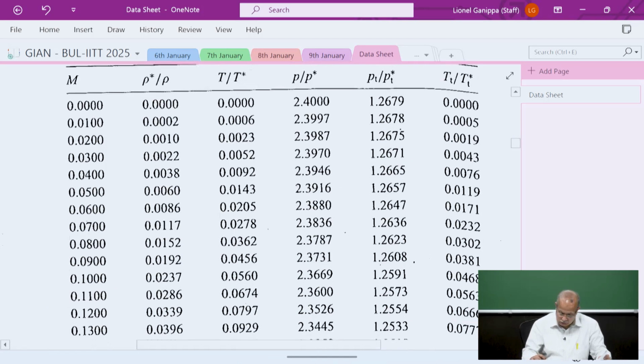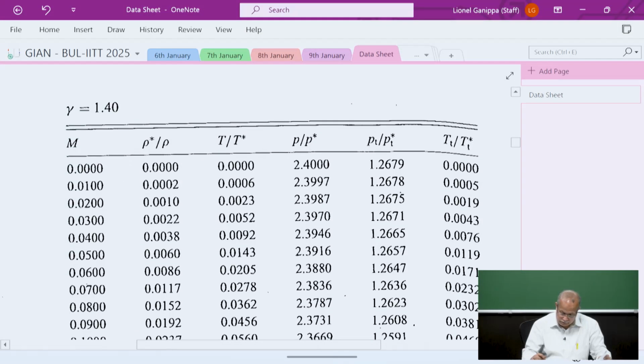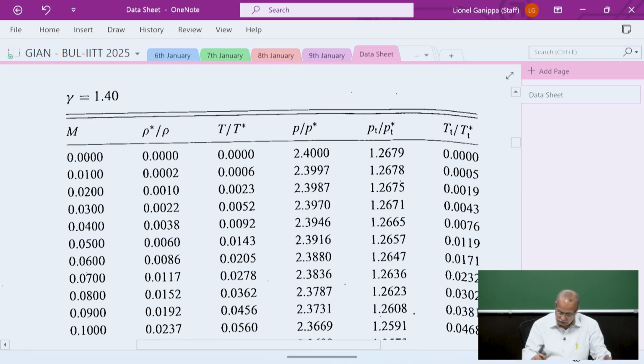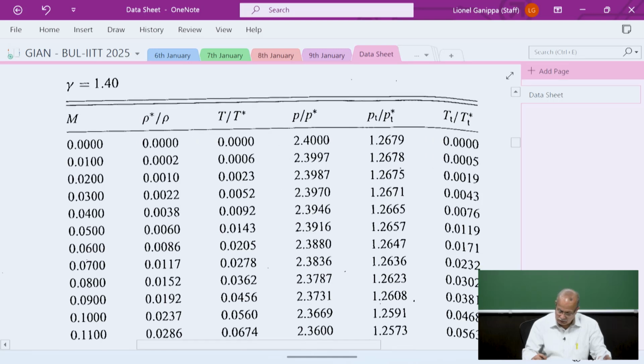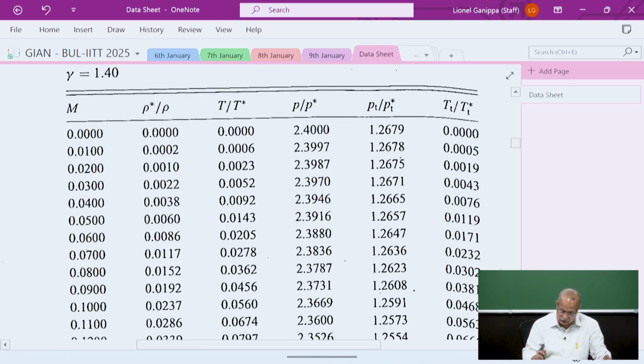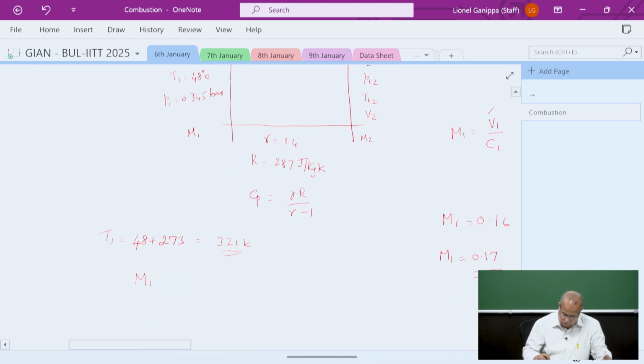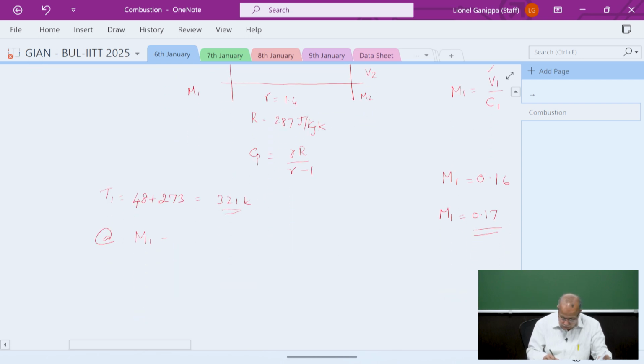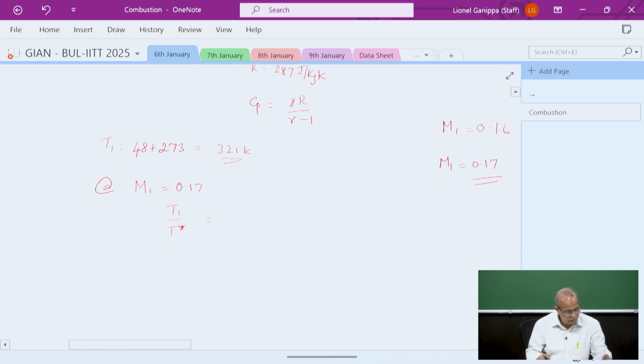Which means that you have got the values for T by T star, P by P star, PT by PT star, TT by TT star. At M1 equal to 0.17, what's the value of T1 by T star? 0.1538.